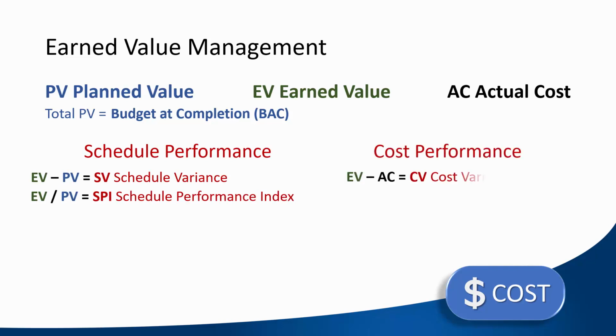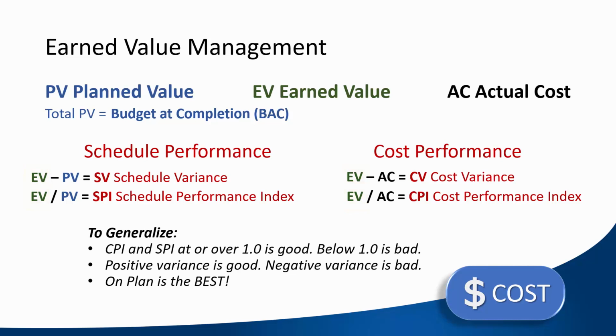Cost performance is measured by comparing earned value and actual cost. Here's a formula memorization tip. In all these calculations, EV is on the left. In general, being under the cost baseline and ahead of schedule is good, and being on plan is the best.